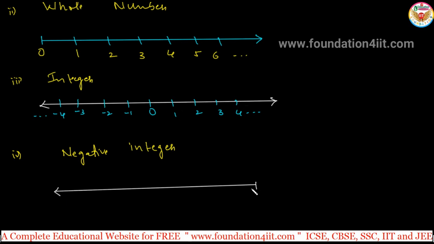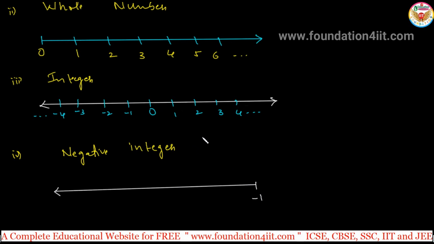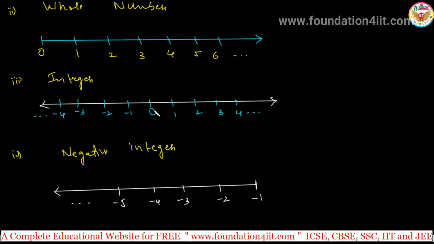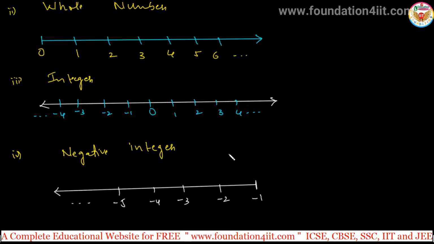So this should start with -1. Don't take the 0, because I already discussed that 0 is a neutral integer. So negative integers start only from -1, next -2, -3, -4, -5 and so on. The arrow mark should be only on the left side. Integers have left and right, negative integers only left. And all the positive integers from 1 onwards to the right side are nothing but whole numbers. Okay, so this is the way to represent the negative numbers on the number line.